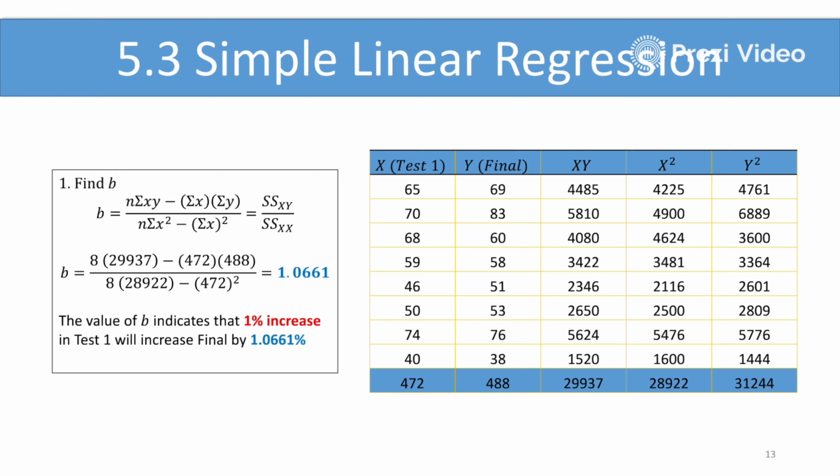So kena betul lah variable ni. Kalau berlaku kenaikan pada independent variable ataupun test 1, the final or dependent variable will be increased by the value of b tadi. Persen ni, student jangan guna throughout any question. Question ni sebab dia berkaitan dengan test score dengan final score. That's why unit dia adalah persen.